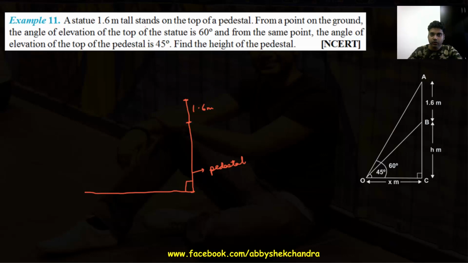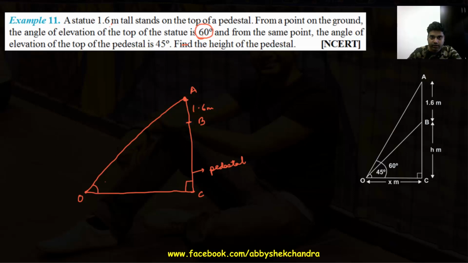The angle of elevation of the top of the statue is 60 degrees from a point on the ground. So from here, join these two to get the line of sight. This is the observer here, this is the statue, and BC is the pedestal.